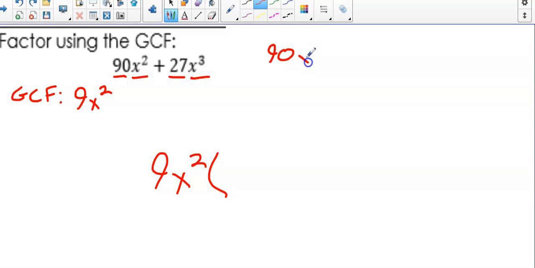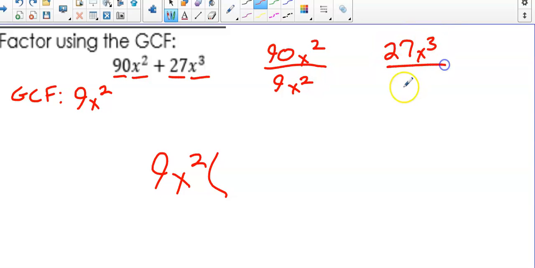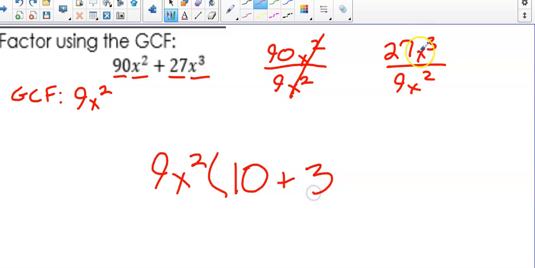Now I think about dividing by my GCF. Okay, 90 divided by 9 gives me 10. X squared divided by x squared cancels. 27 divided by 9 gives me 3.